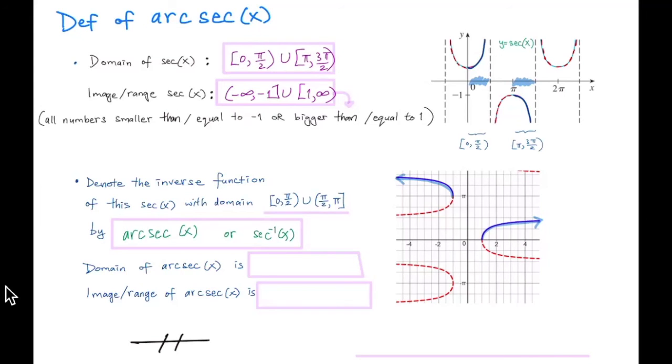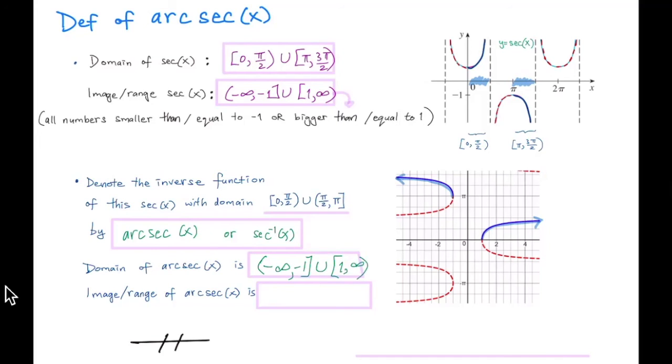So then we flip the domain and image of the original function. So now the domain of arc secant is just the image of secant. So all of the numbers smaller than or equal to -1, and also the numbers that are bigger than or equal to 1.